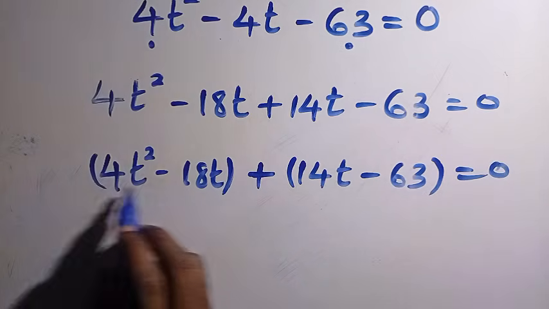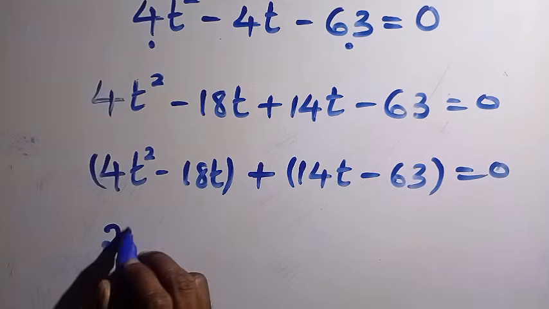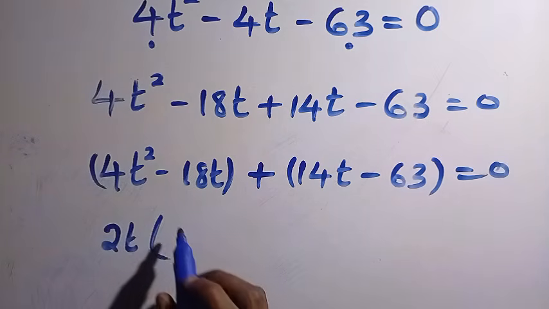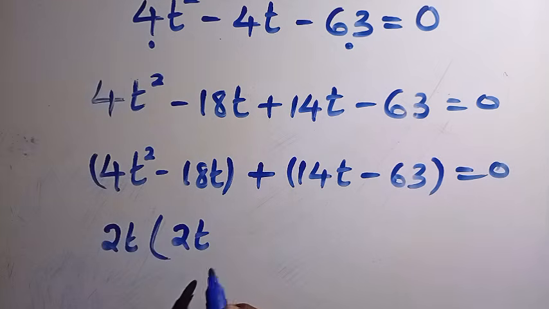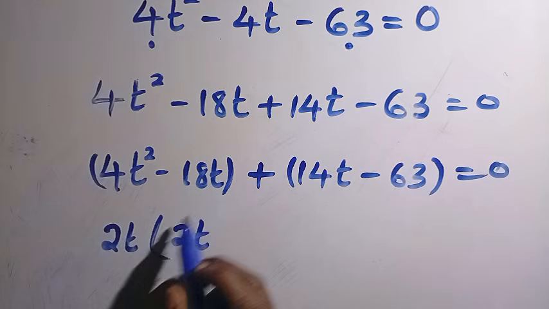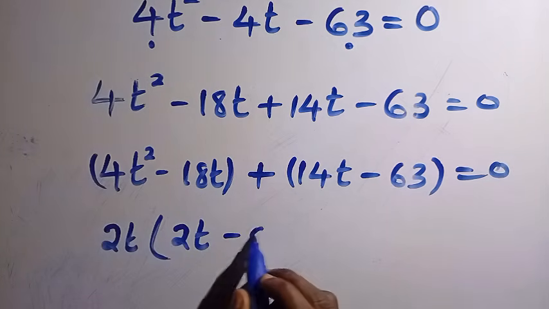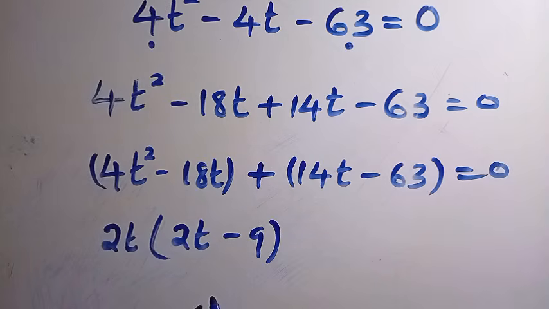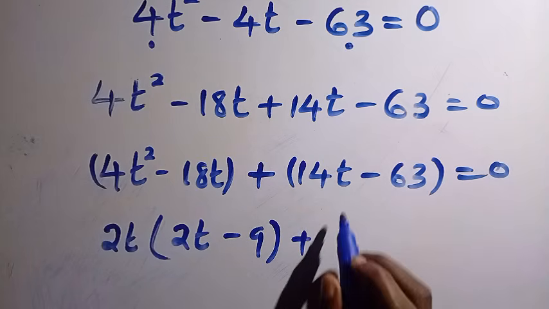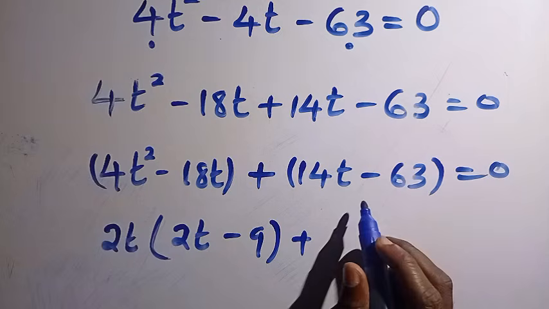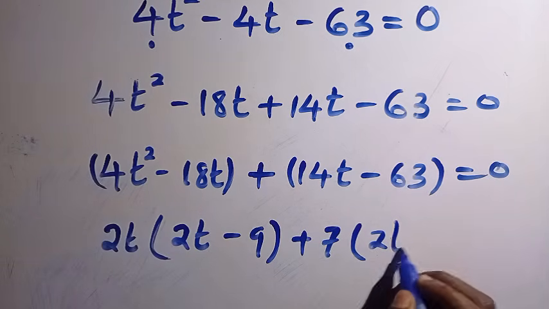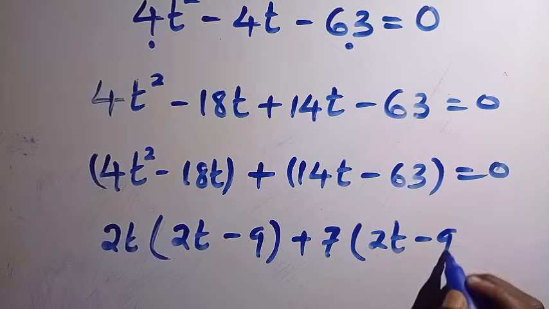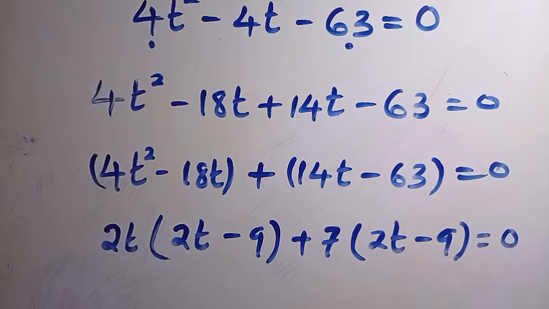What is common here is 2t. If you take out 2t, 4t squared divided by 2t is 2t, and 18t divided by 2t gives us minus 9. Again, what we can factor out here is 7, so this remains 2t minus 9.